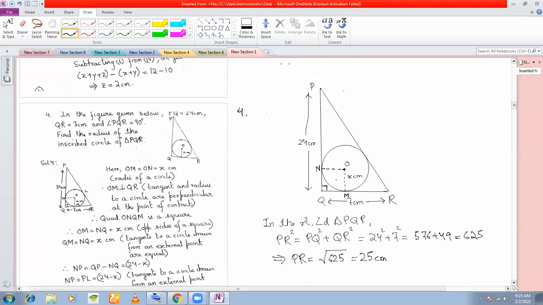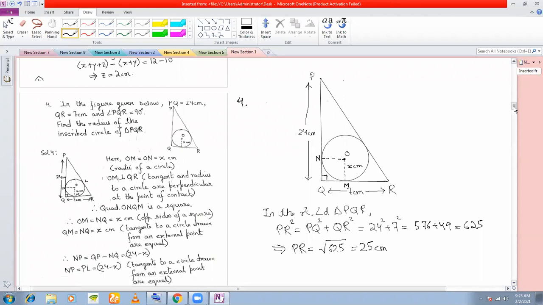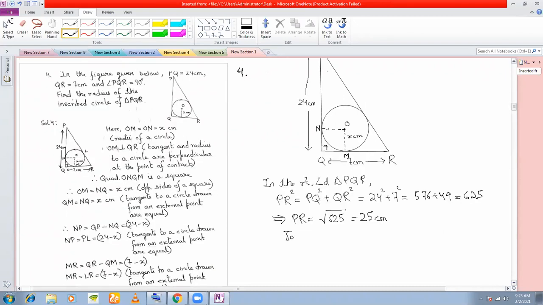The reasons I've already given you in the first problem. So OMQN is a square. Join ON so that OMQN forms a square.